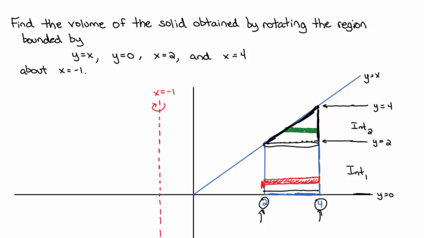So for vertical, if you're rotating around a vertical non-axis, then you can compute radii by right minus left. If it's a horizontal rotation, let's say around y equals -5 or something like that, the radii are going to be top minus bottom. Okay? Always. There's no exception to that.